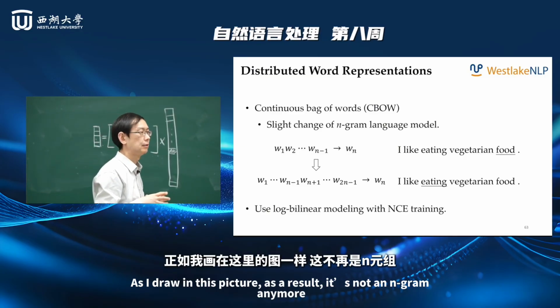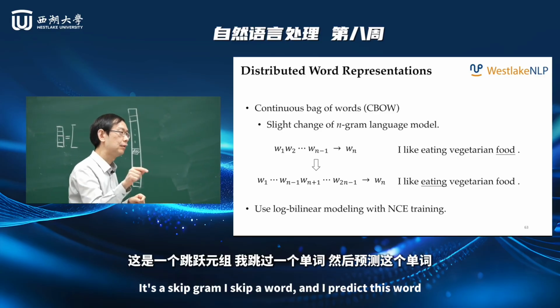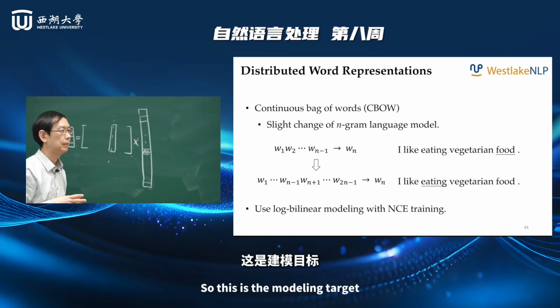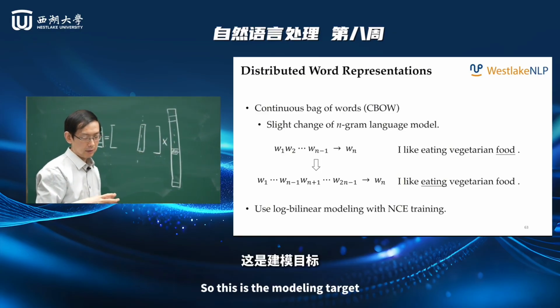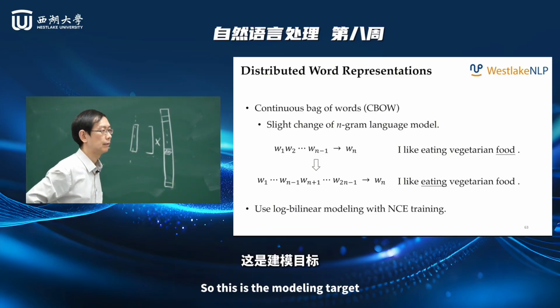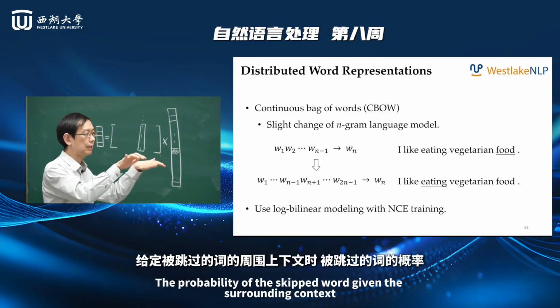As a result, it's not an n-gram anymore. It's a skip-gram. I skip a word, and I predict this word. So this is the modeling target: the probability of the skipped word given the surrounding context.